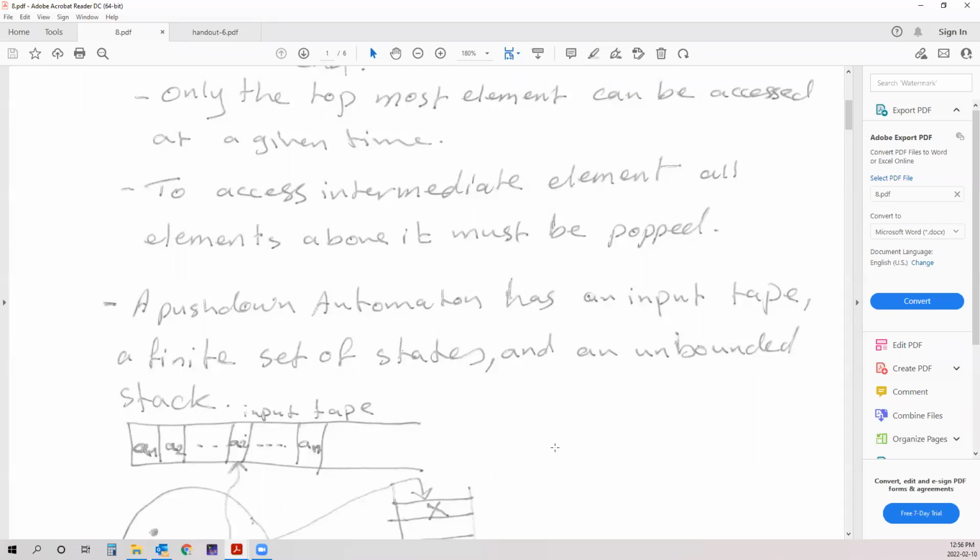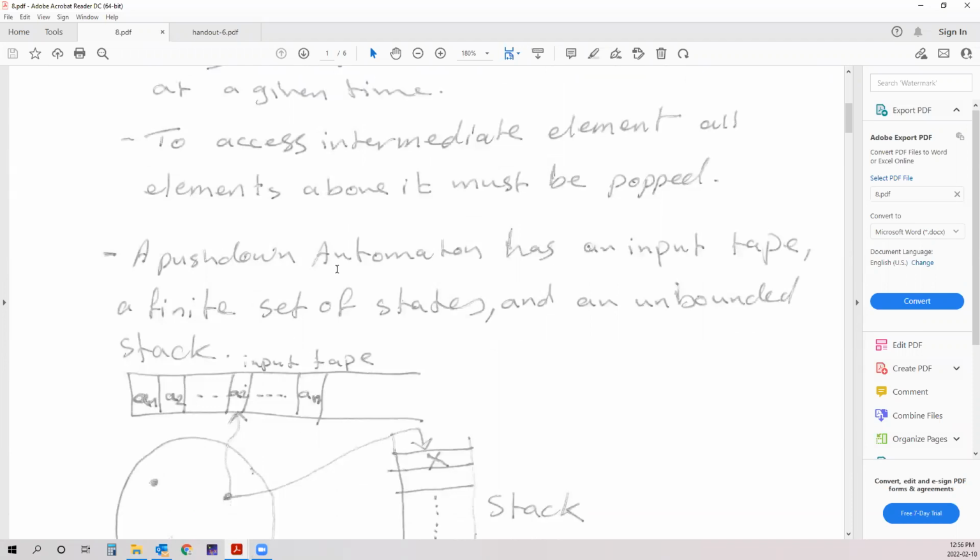Assume that you have a recorder that can just go forward, and cannot go backward in the tape. So this is the pushdown automaton. It's an input tape that can be accessed from one side. We cannot go forward and backward. We can just go forward.